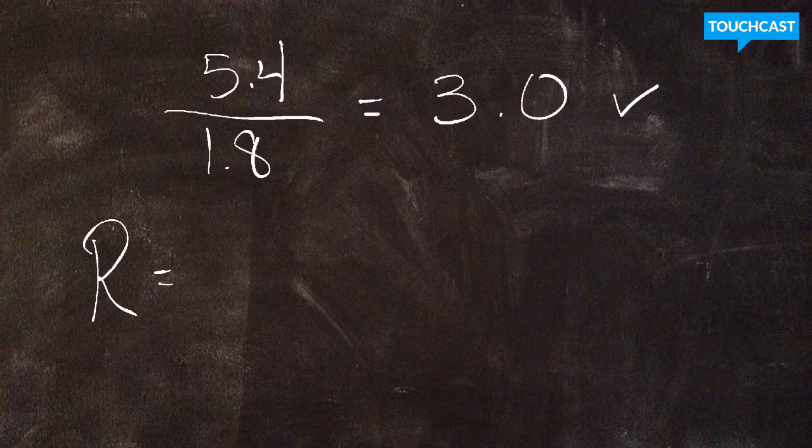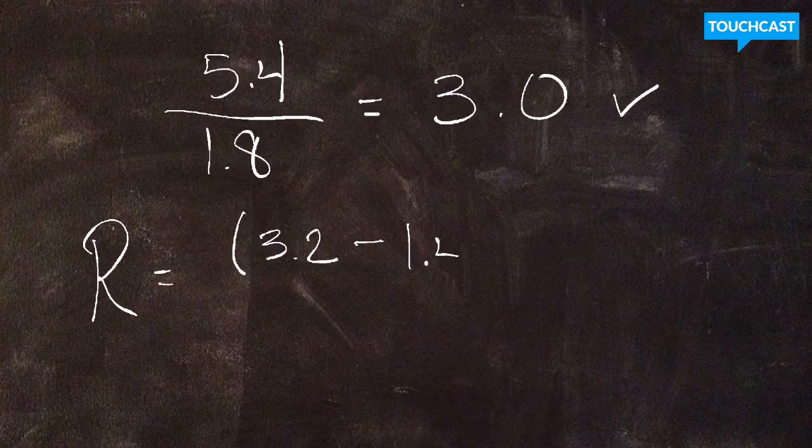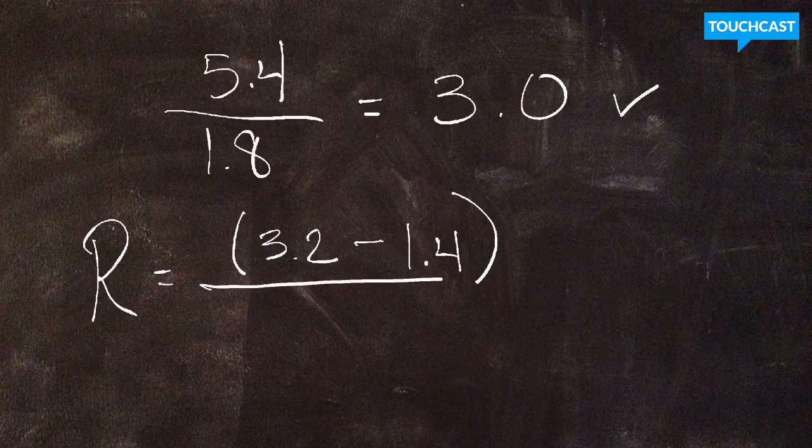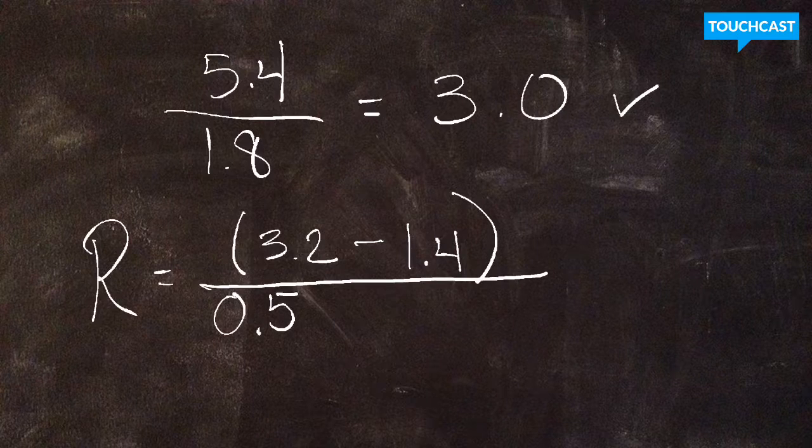On the numerator, let's take the center of the bands that you calculated in part B. The blue had a value of 3.2. The red had a value of 1.4. Those are milliliters. Then on the bottom, we're going to take half, see how I'm doing the 0.5, and we are going to add the bandwidth of the two.